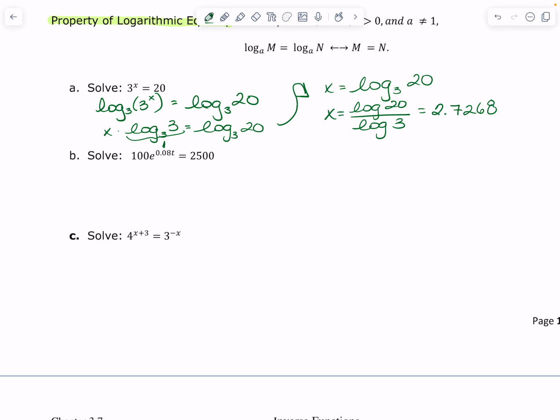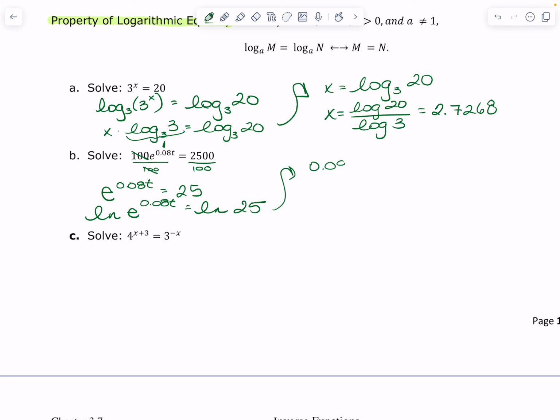Okay. B, we're solving. I'm going to start by dividing both sides by 100. I want that e by itself. So I got e to the 0.08t equals 25. To get rid of the e, I'm going to use log base e, so natural log. Oops, natural log of 25. Power rule again.